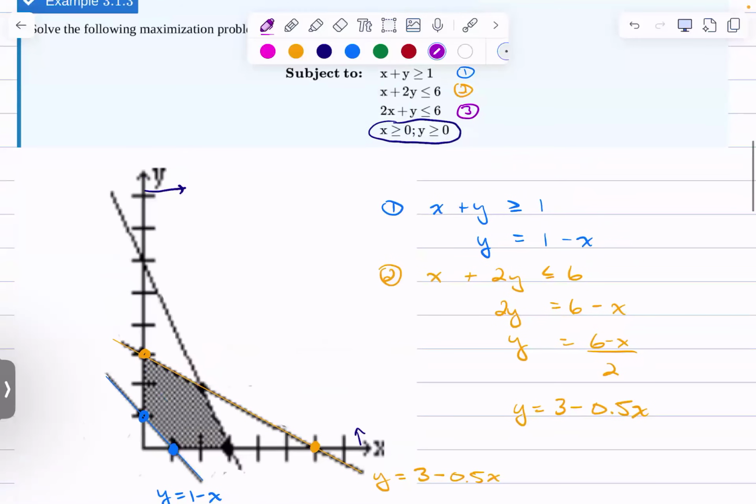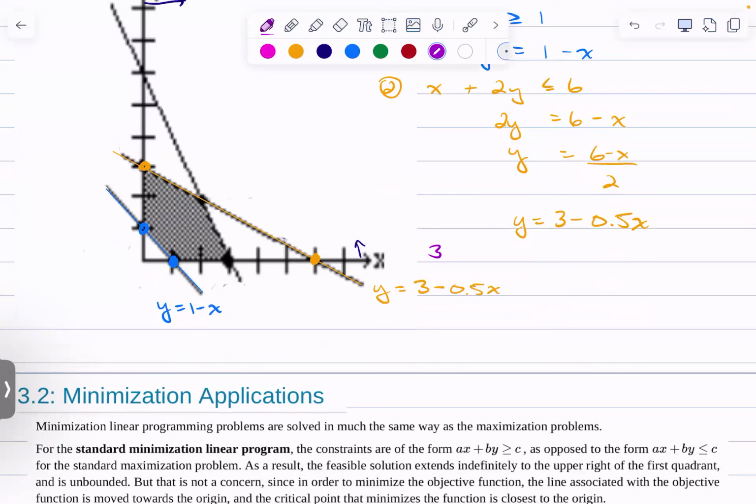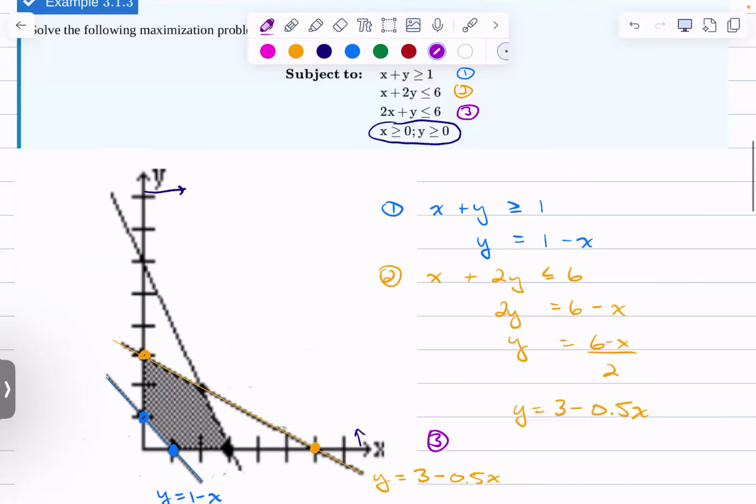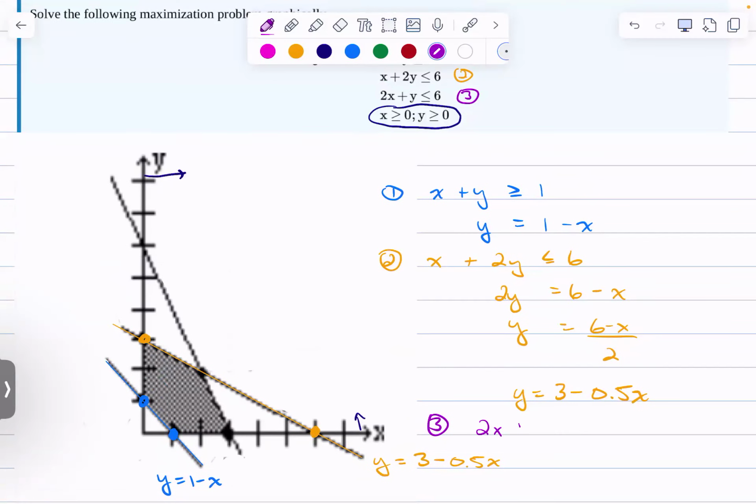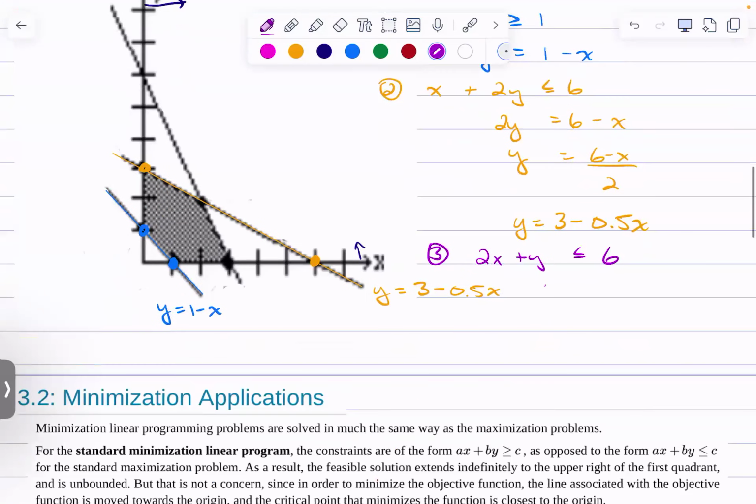Last line, by elimination, obviously, makes it the remaining line, but let's just rearrange them. We had 2x plus y is less than or equal to 6, which means y is equal to 6 minus 2x.